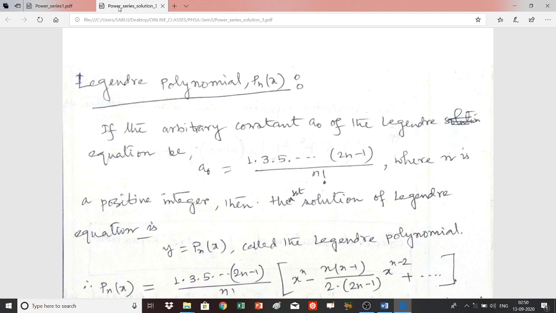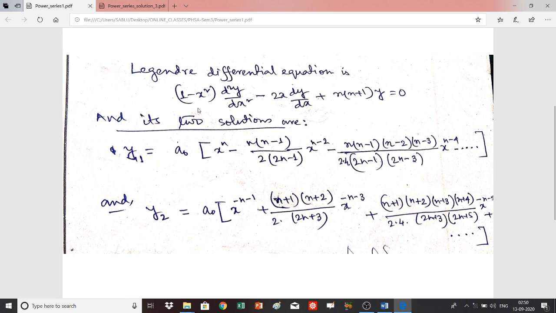Now come to the topic, Legendre polynomials, which is written as Pn(x). One thing you see here is that these a0s are arbitrary constants.